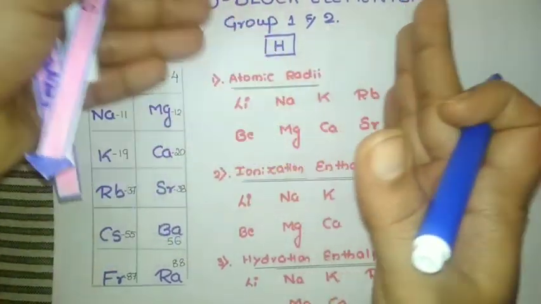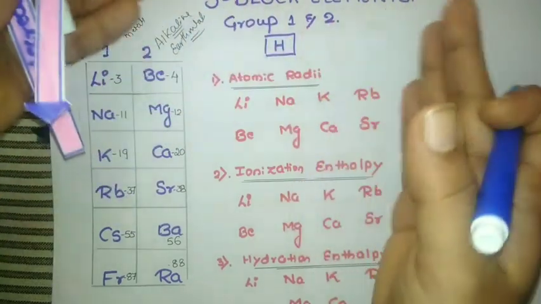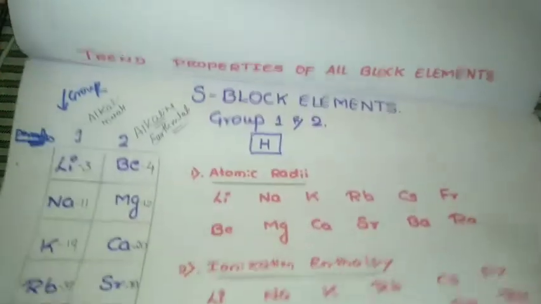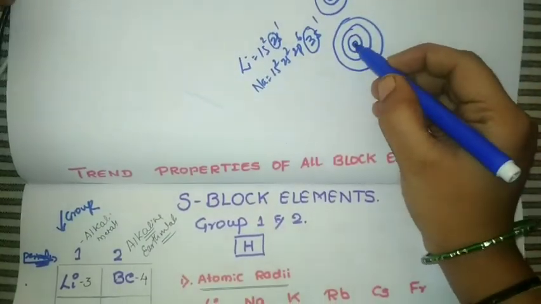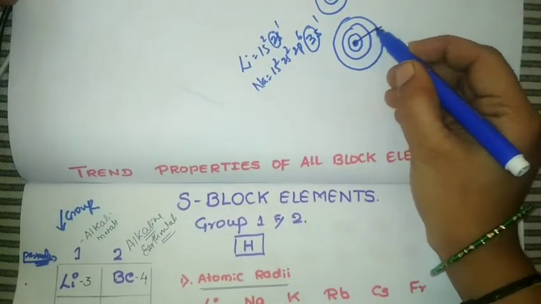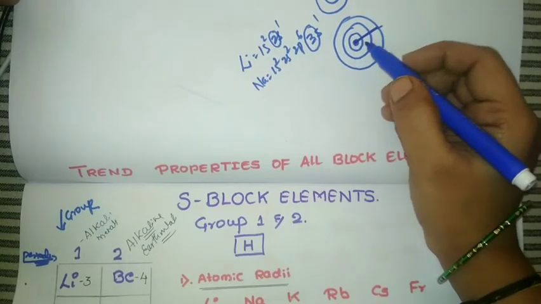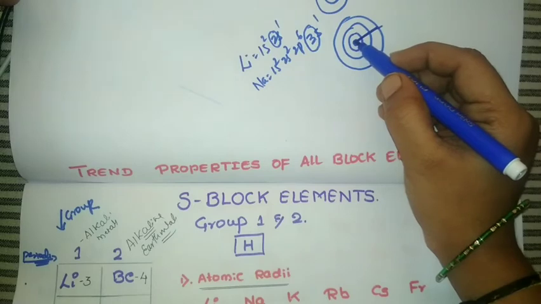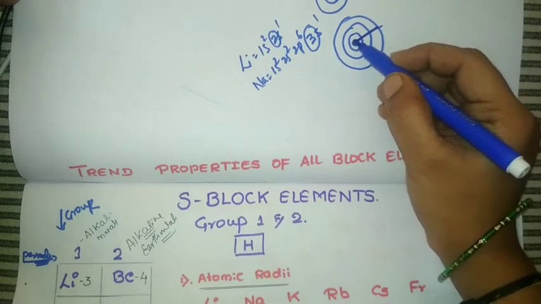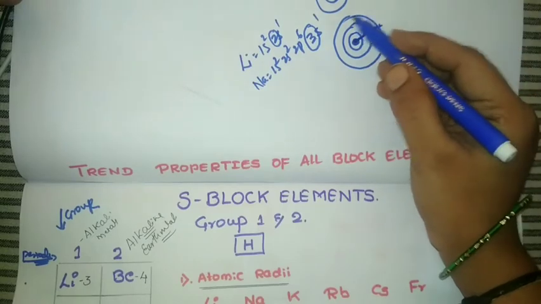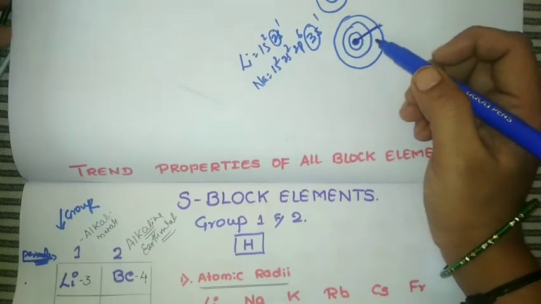Obviously the size goes on increasing, so the attraction between the nucleus and the outermost electron decreases, and the outermost electron is almost left free.